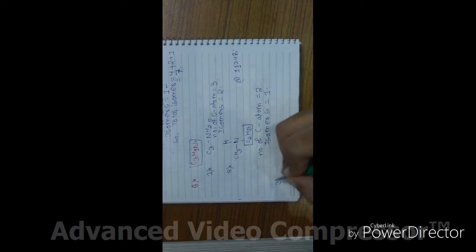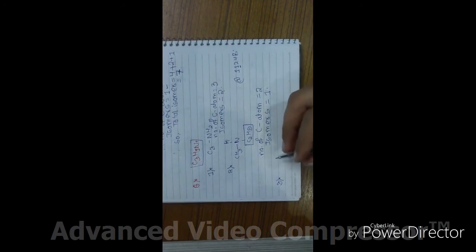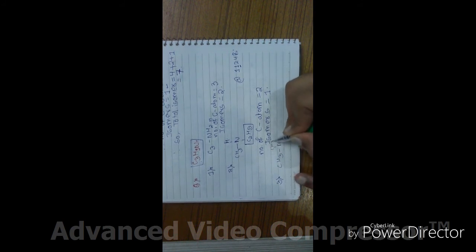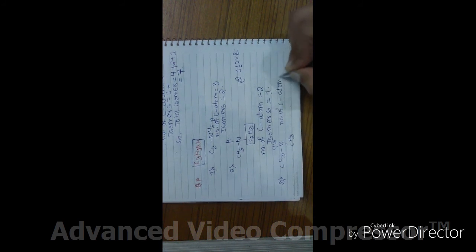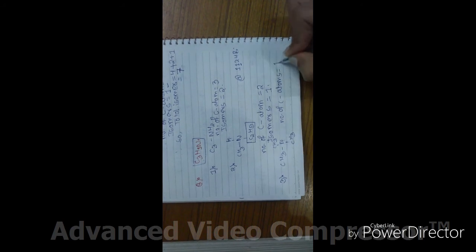Now the third degree structure, CH3 and CH3 and CH3. So 3 carbon atoms and 9 hydrogens, 1 nitrogen. So the number of carbon atoms equals 1. Take only one chain.